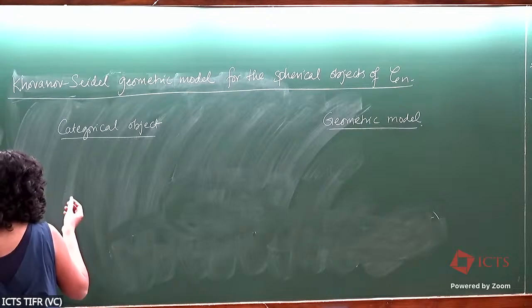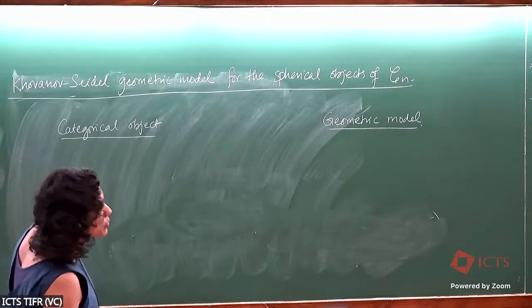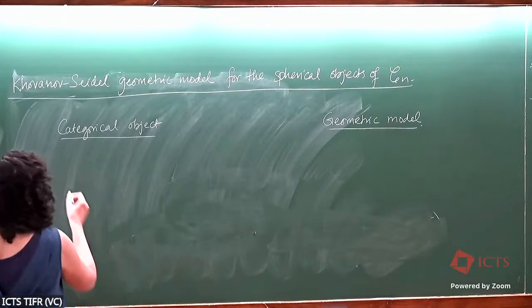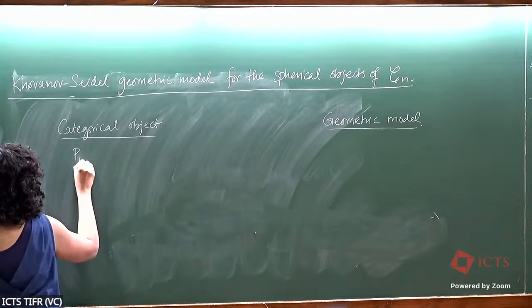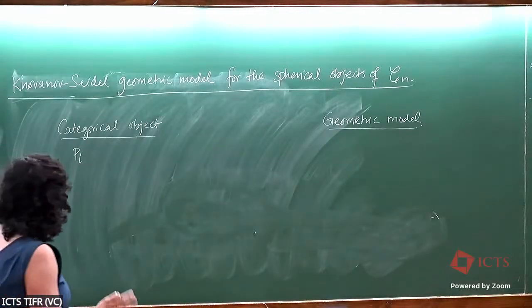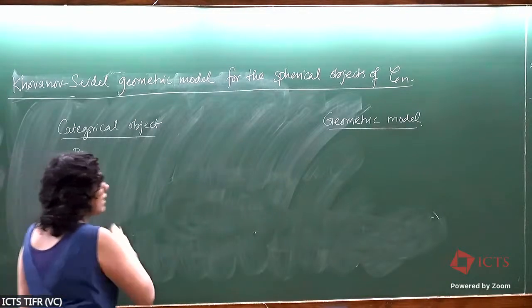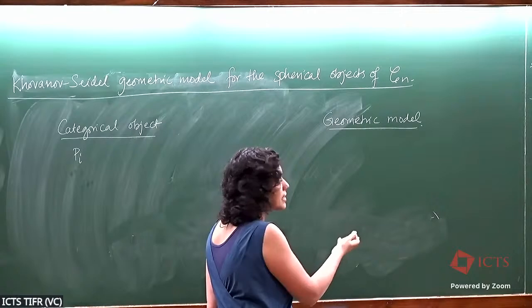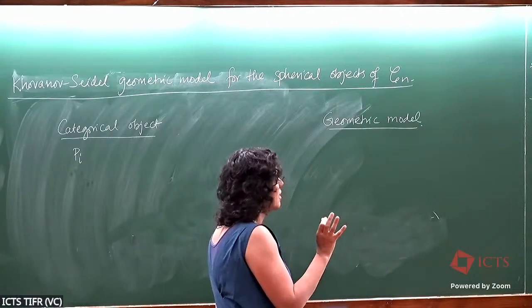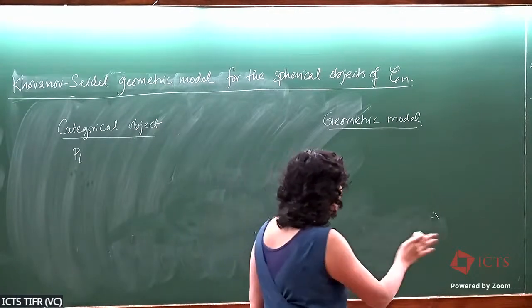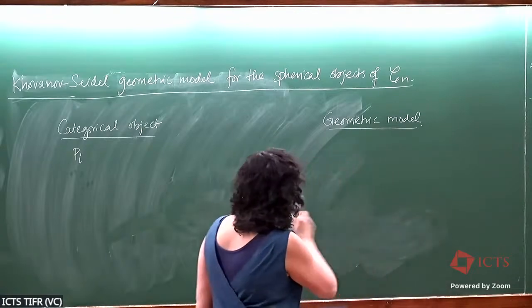So the categorical objects that we start with, we're interested in the spherical objects. The basic ones are the P^1s. And the idea here is that the n+1 strand braid group is acting on our category. And the n+1 strand braid group has a realization as some kind of mapping class group or pi_1 of some topological object. And so that's what is used here.